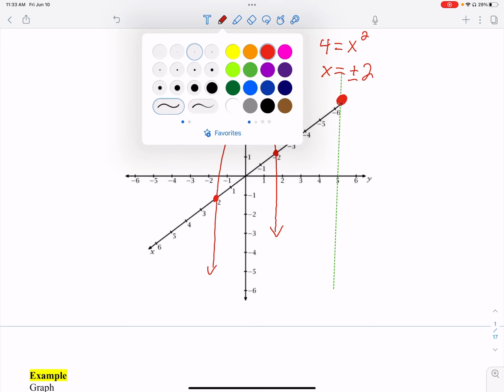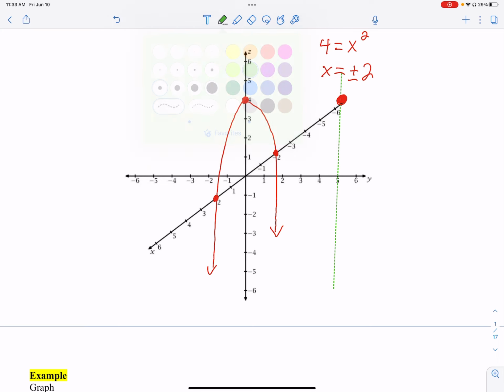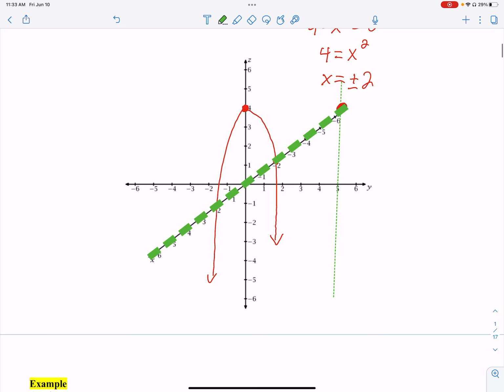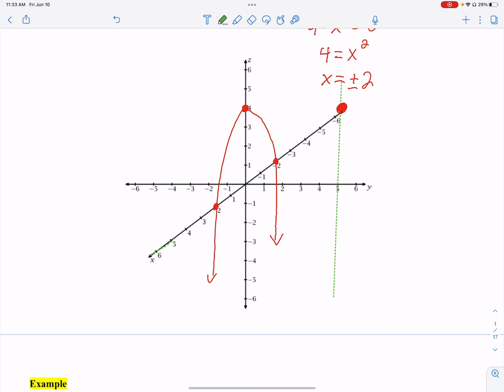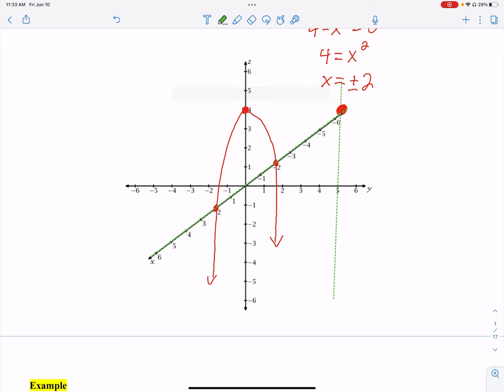So I will take, let's do another dotted line. Sorry, the iPad's being a bit slow. And I take that line there, and let's make it smaller. Keep the same angle. There we go.